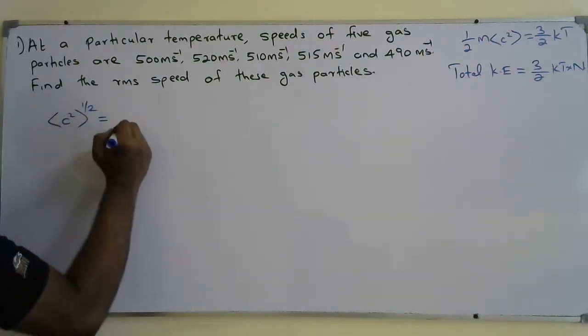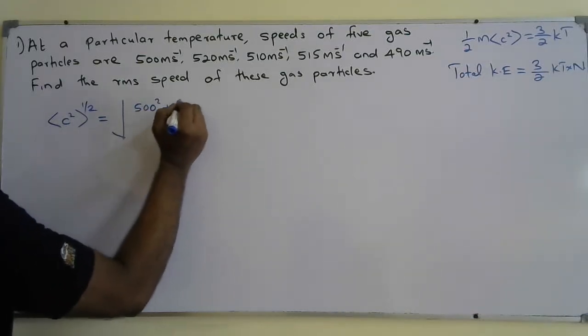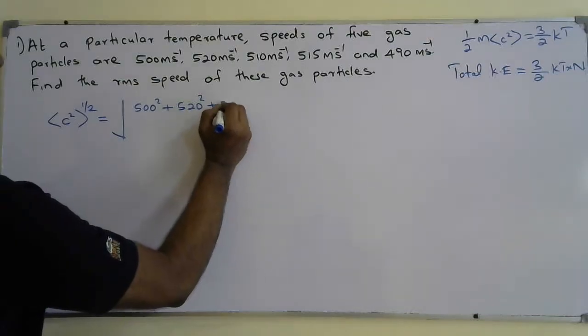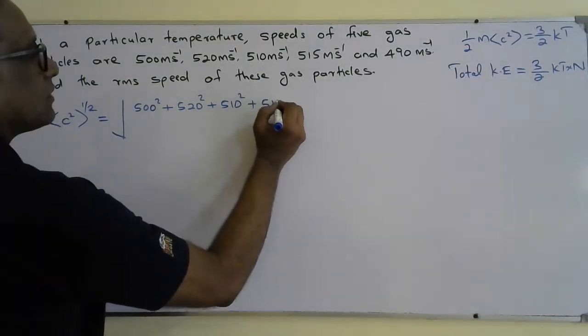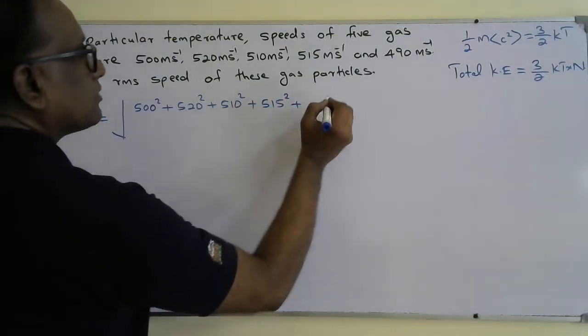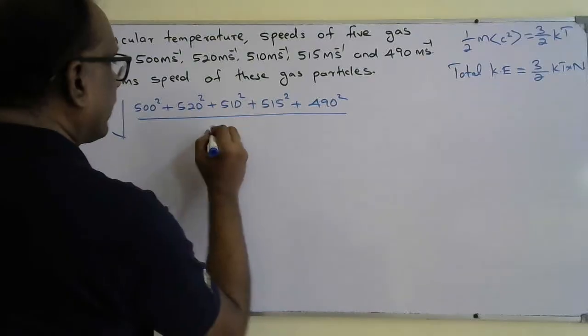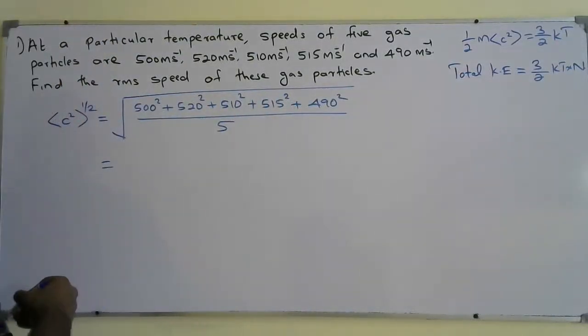is equal to square root of 500 squared plus 520 squared, 510 squared, 515 plus 490 squared divided by 5. Take the square root of it and solve it. You will get the final answer.